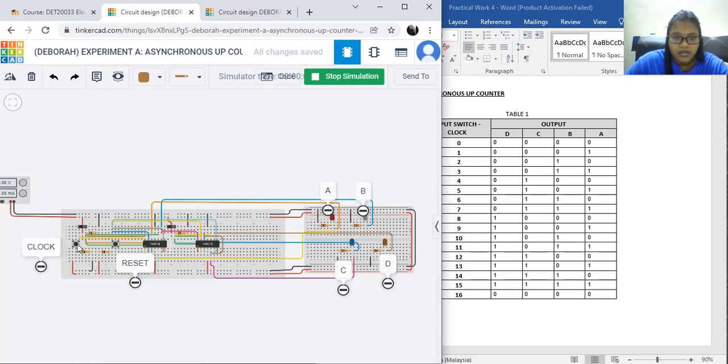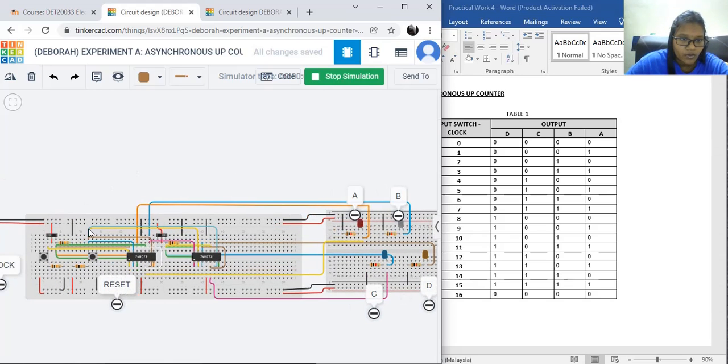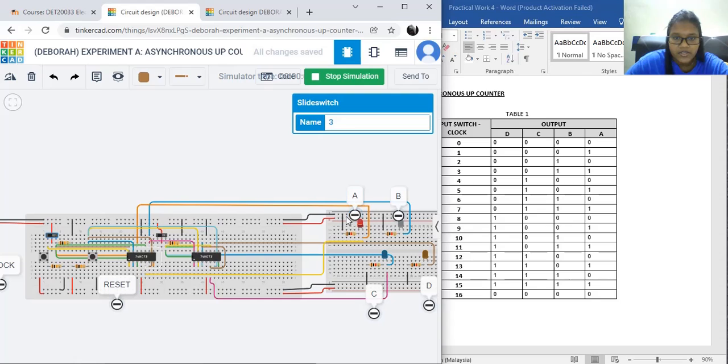Okay, A is lit up, which is A1, and then I press another time, number 2, so B1.